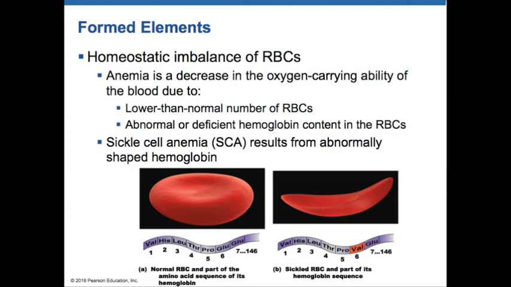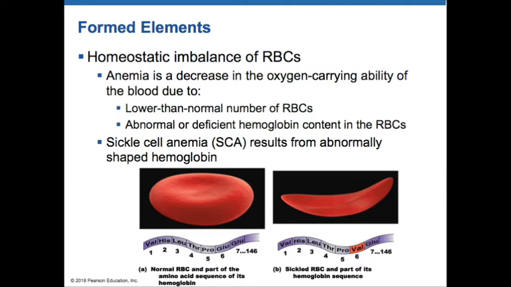But regardless of which anemia you're describing, they're all going to share the same condition or symptom. That is the decrease in oxygen carrying ability, which means that if you suffer from any type of anemia, you're not going to have proper levels of oxygen.